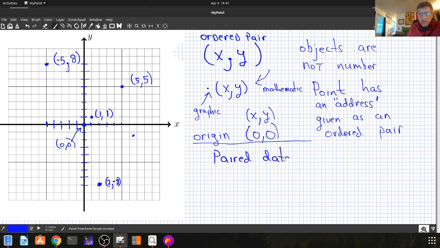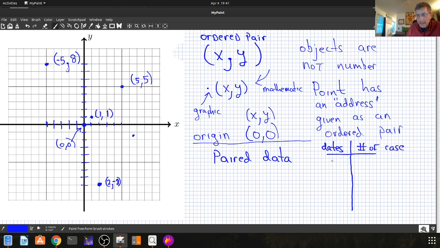Some of you are following the COVID-19 spread, and we can actually have a table of data. The first column might have in it days or dates, and the second value might be the number of cases.